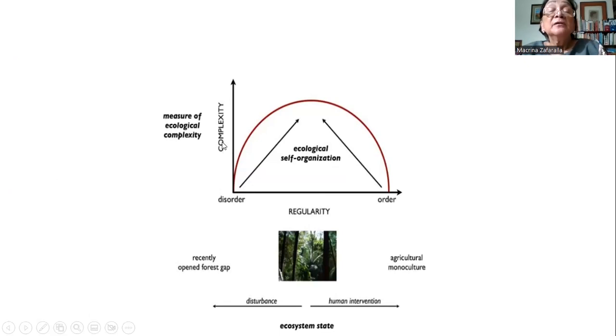As shown in this figure, the measure of ecological complexity increases on the y-axis, and time increases to the right on the x-axis. So the tendency is for ecological complexity to increase with time, and its regularity tends to go from disorder to order with time. The best or ideal complexity is one that is in the middle of these two extremes.